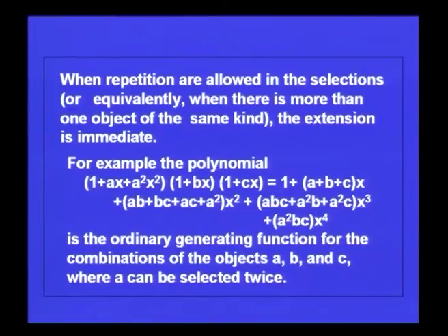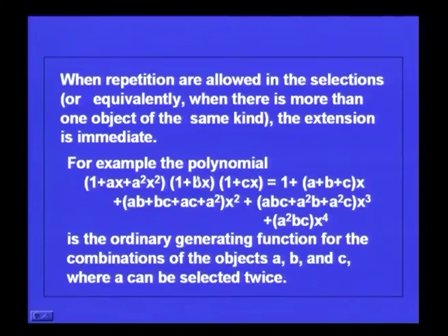When repetitions are allowed in the selections, or equivalently when there is more than one object of the same kind, or you can look at it like this, you are having 2 red balls, 1 blue ball, 1 green ball, and then from which you have to select 1, 2, 3 balls and so on. The extension is immediate.